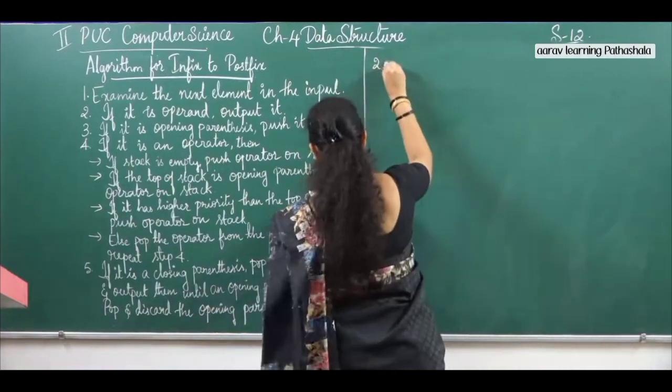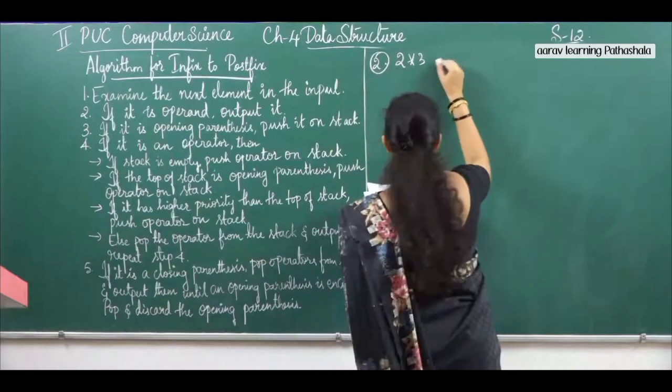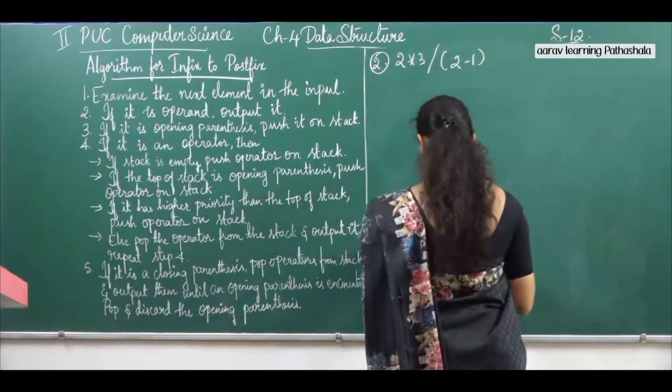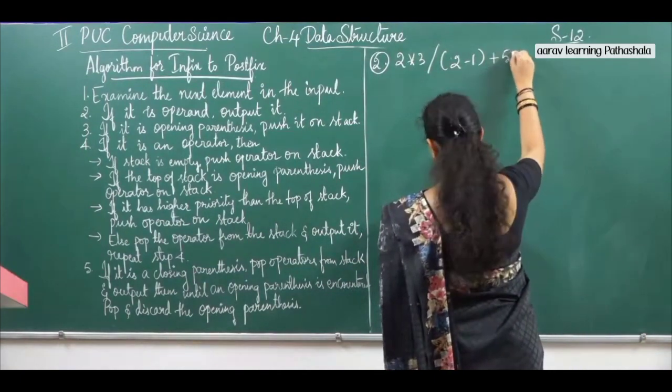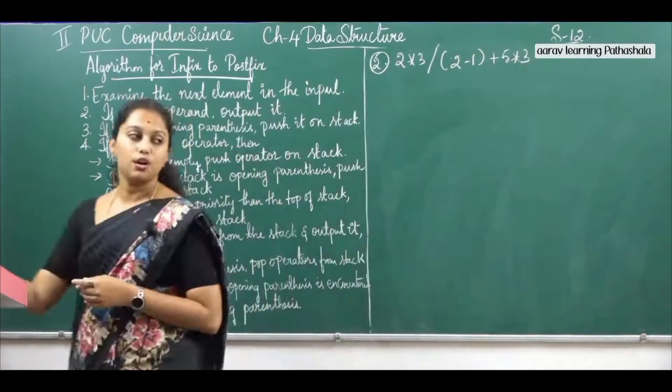Next expression is 2 into 3 slash 2 minus 1 plus 5 into 3, into postfix form.